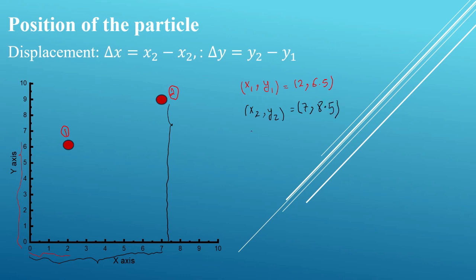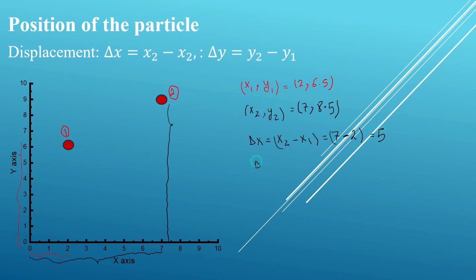So the displacement with respect to the x-axis is x2 minus x1. My x2 is 7 minus x1, which is 2, so 7 minus 2 is 5.